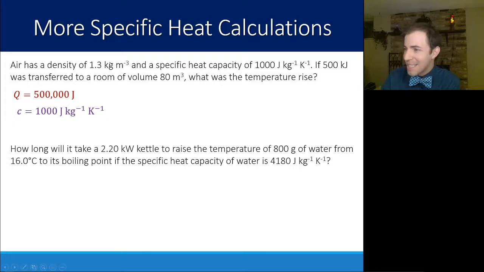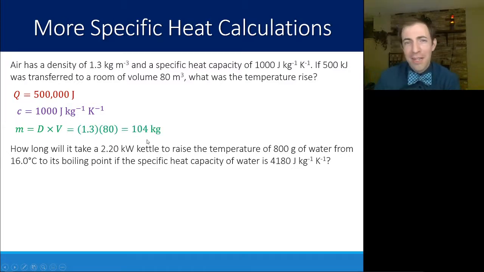Instead, I'm given a density of the air is 1.3 kilograms per cubic meter, and the volume of the air for this room is 80 cubic meters. So if I know that there's 80 cubic meters and each one is 1.3 kilograms, I can calculate the mass, just the density times the volume. So 1.3 times 80 is 104 kilograms.